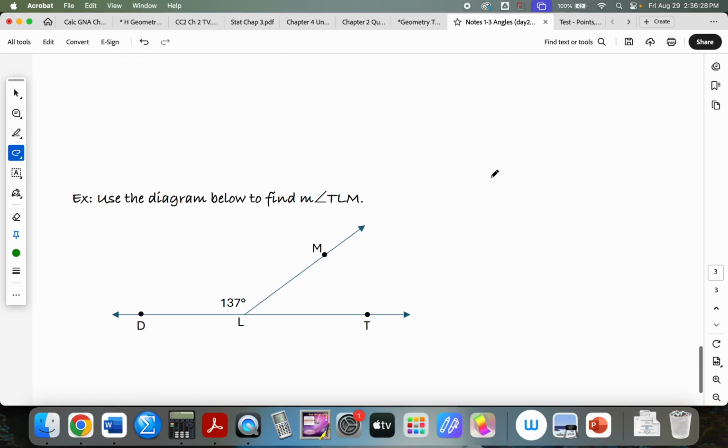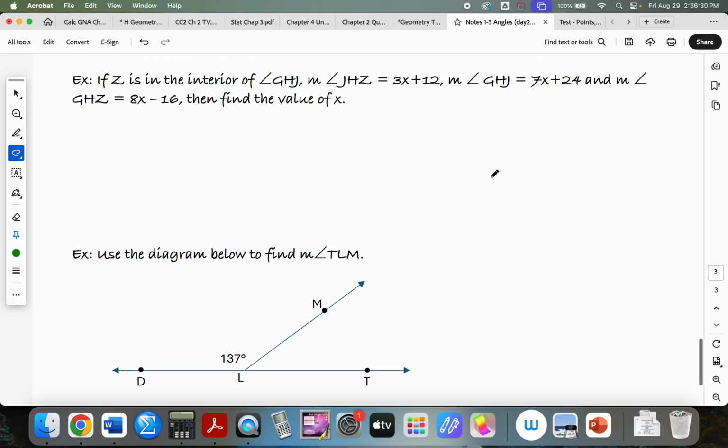All right, two more examples and we'll be done. For this one, it says Z is in the interior of angle GHJ. All right, so I'm going to draw an angle GHJ. And Z is somewhere in the interior, so I'm going to go ahead and draw ray HZ.